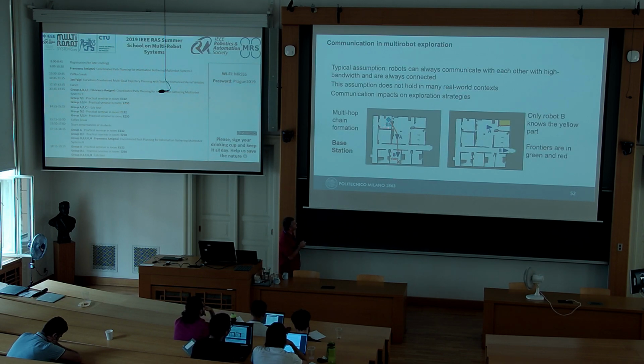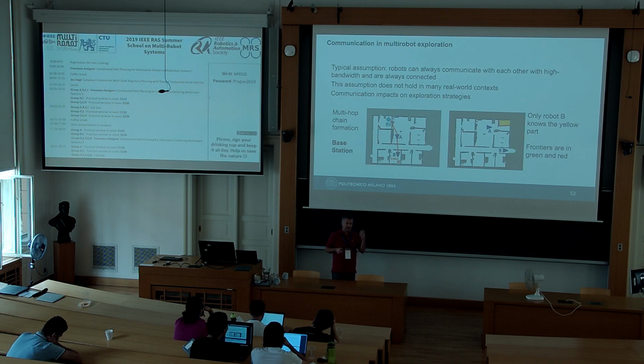One of these constraints is this. Assume that we have a base station, and assume that we have the constraint that every time each robot discovers something, there must be a connection, a multi-hop connection in this case, with the base station. The application in this case is that it is really hard sometimes for robots to recognize victims.